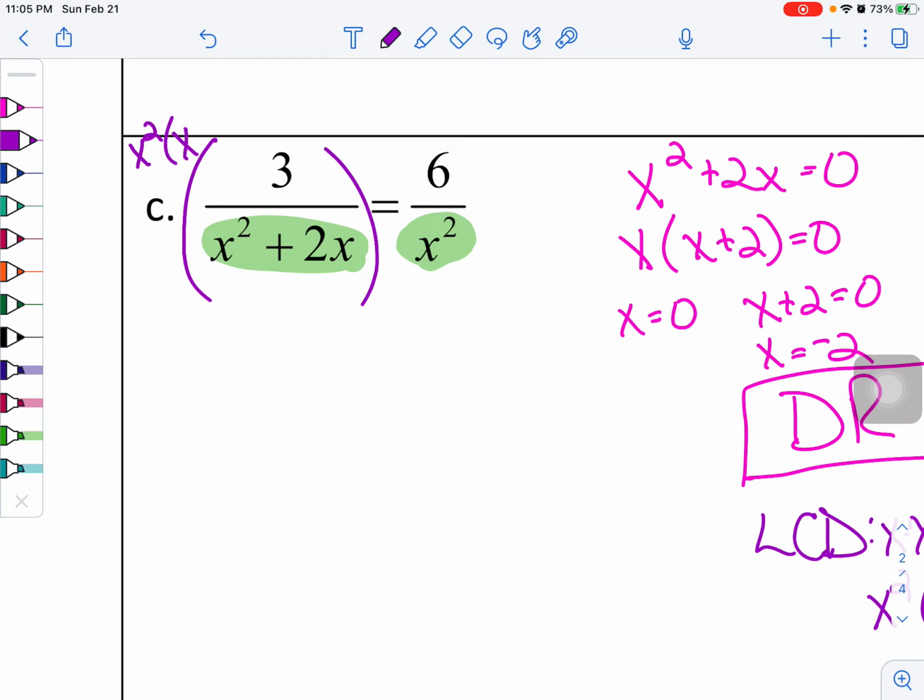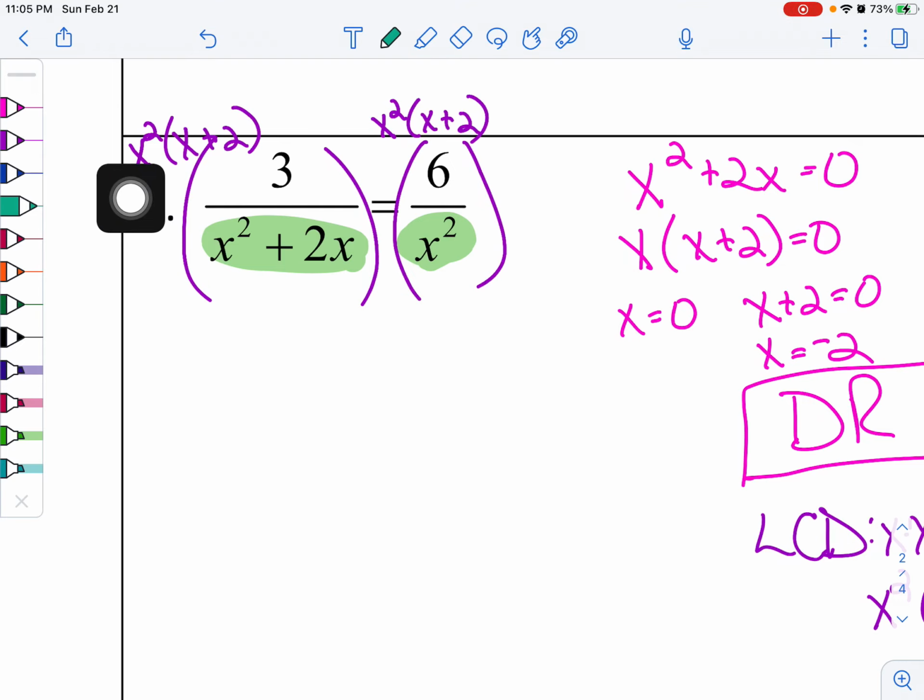So let's go ahead and use that LCD. So we've got x squared times x plus 2, and then we have another x squared times x plus 2. Cancel out what you can. Now, this may have been a good place for me to put x times x plus 2 because this denominator is x times x plus 2.